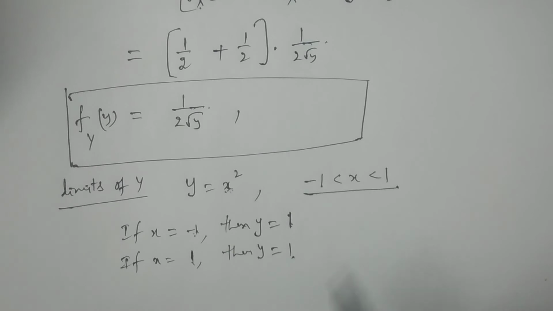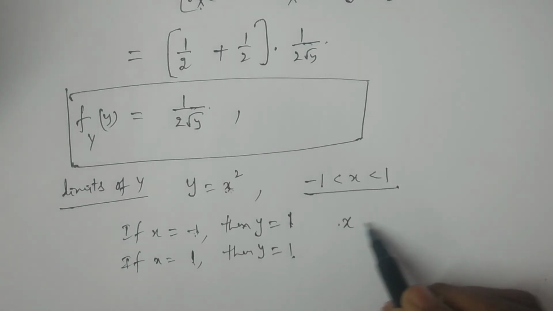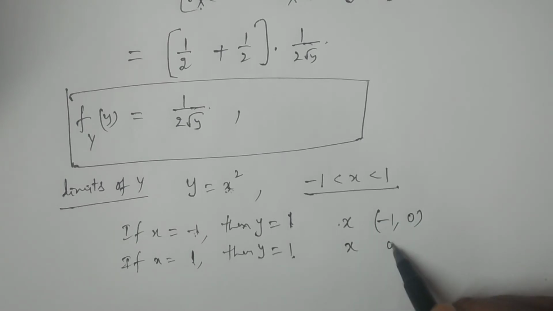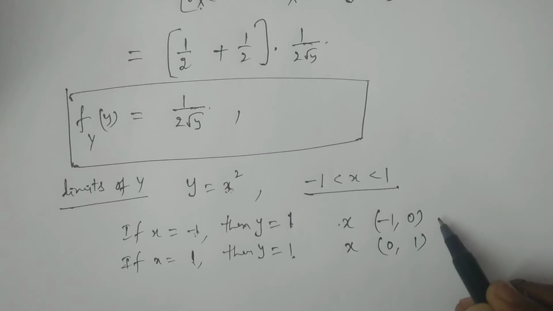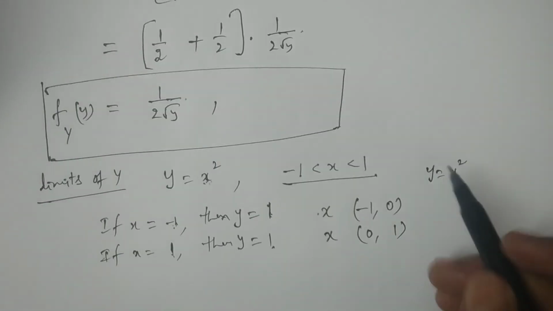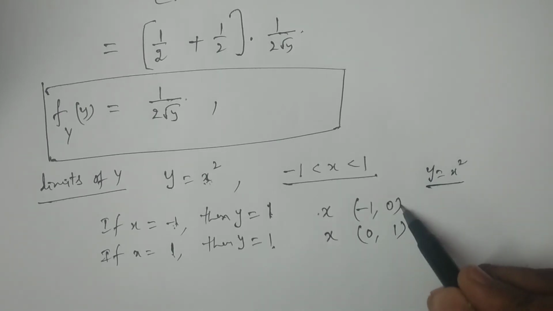It is symmetrical, which means if x takes the values between minus 1 to 0, and if x takes the values between 0 to 1, y is equal to x square will take the same values, so the y limits will be the same in these two ranges.